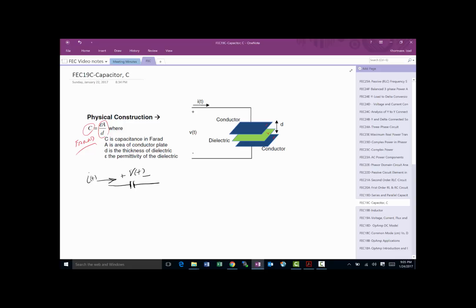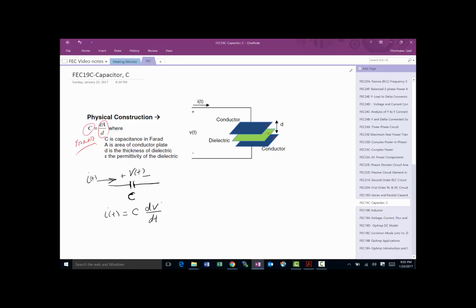Now, if you will recall, earlier we had discussed all the passive elements together and their relationship to voltage and current. In this particular case, the relationship that ties the I and V together in a capacitor is basically i(t) equals C dV/dt.